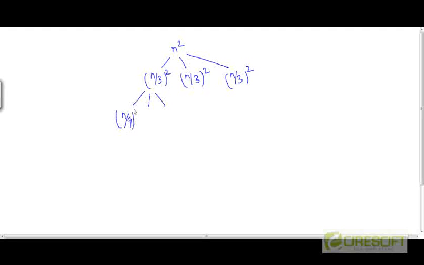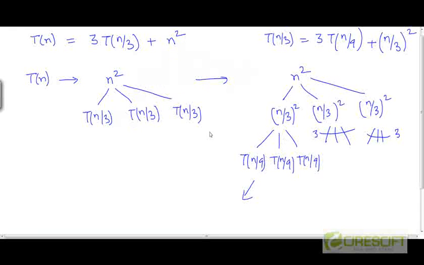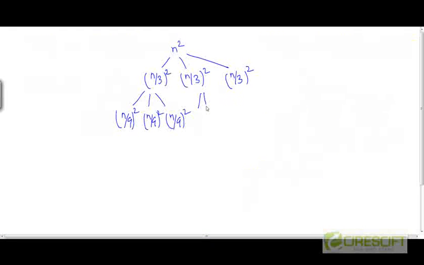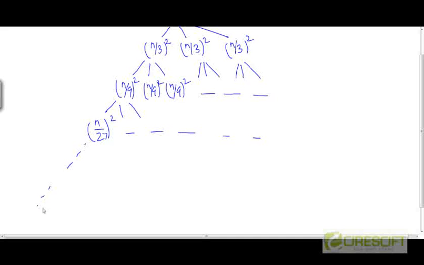This will have 3 children, n by 9 squared, n by 9 squared, n by 9 squared. Right, T of n by 9 is 3 times T of n by 27 plus n by 9 squared. And then at the next level we'll have n by 27 squared, and so on. So at the very last level we will have T of 1.